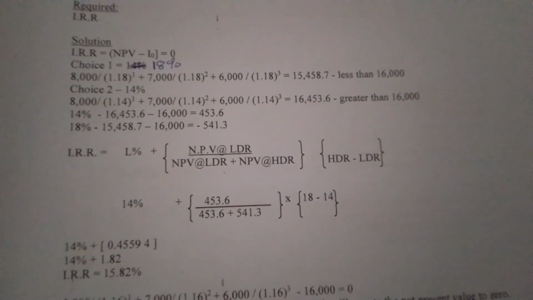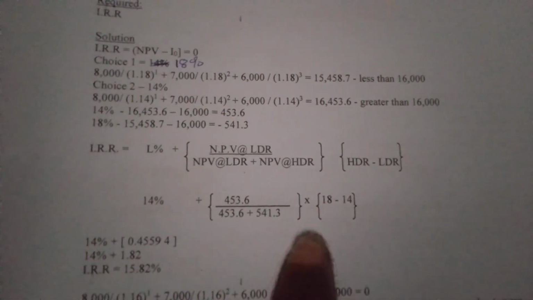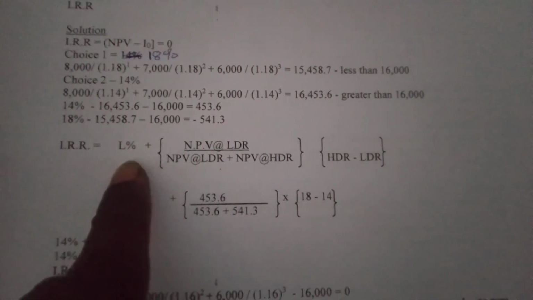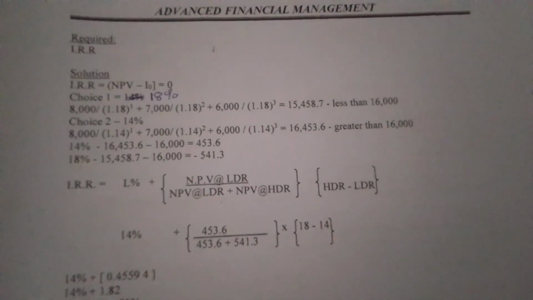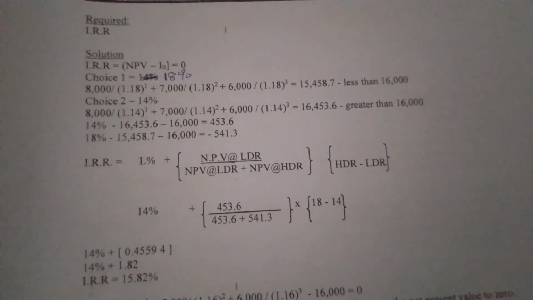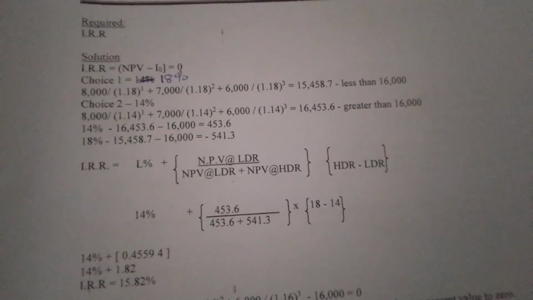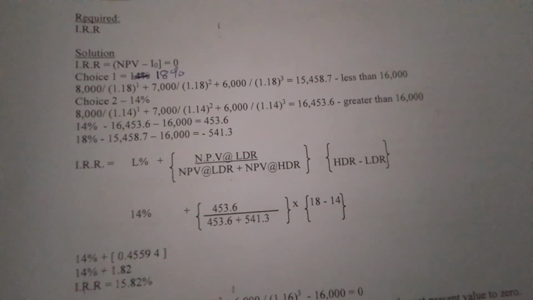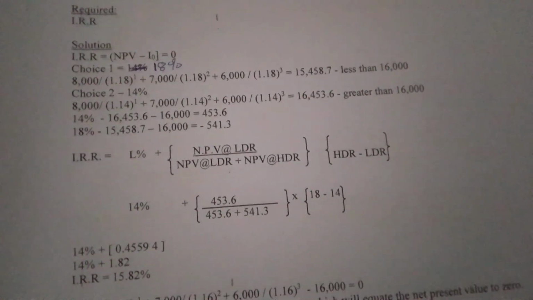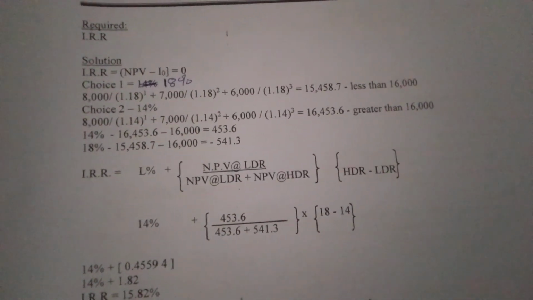So this L% means the lower rate. For example, if you have taken 2% and 16%, then your L% is 2%, the lower rate.